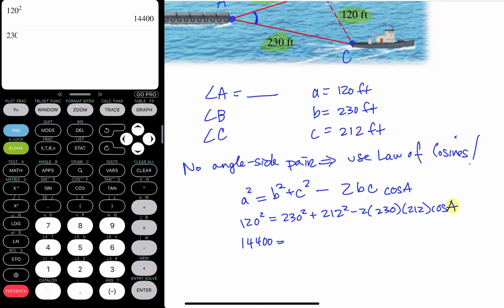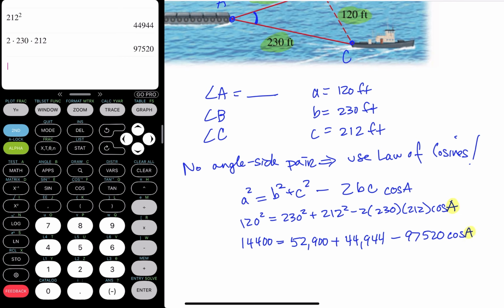I take 230 and square it, and I get 52,900. Take 212 and square it, and I get 44,944. Minus, I take 2 times 230 times 212. I get 97,520 times the cosine of A.